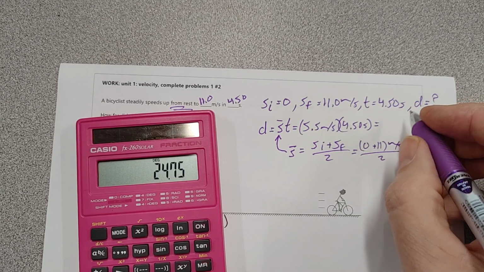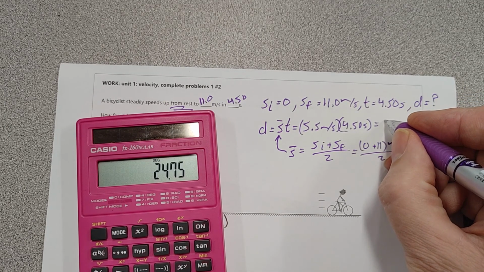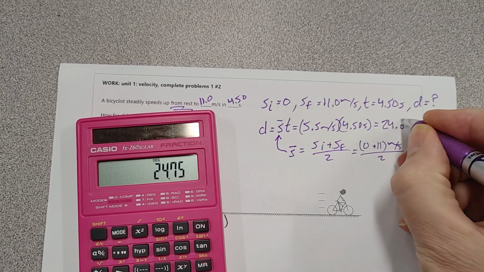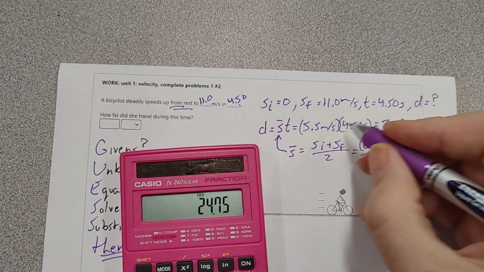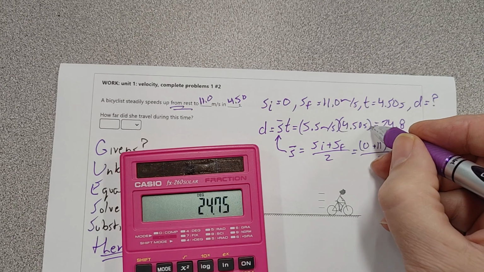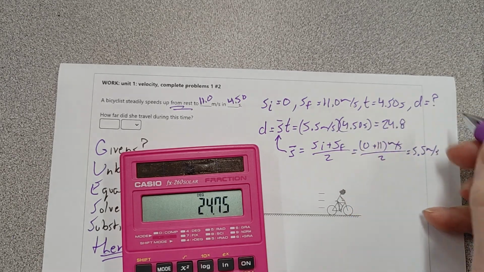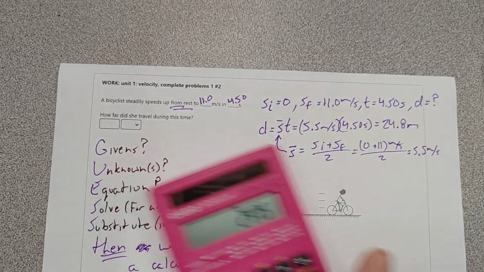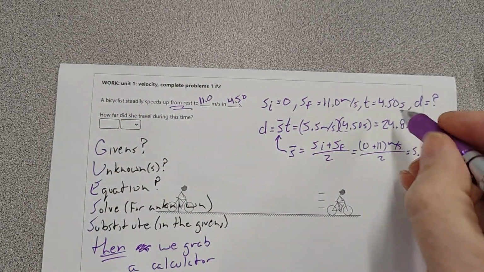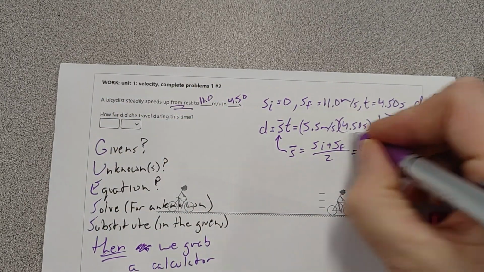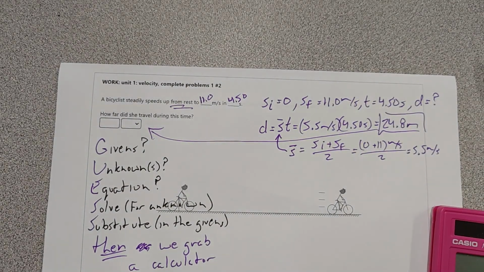He likes 3 significant digits, so I'm just writing down 24.8. And it's going to be meters per second multiplied by seconds, so the seconds cancel out, and we're left with meters, and that is what goes over there.